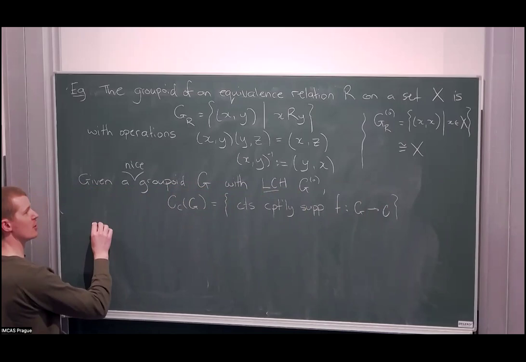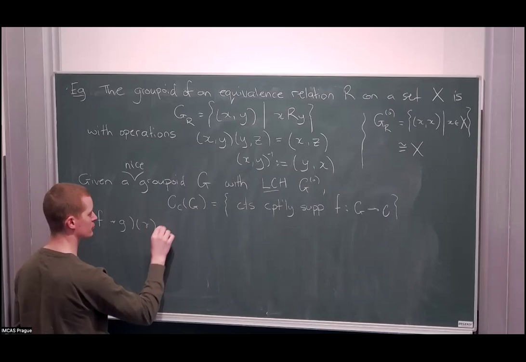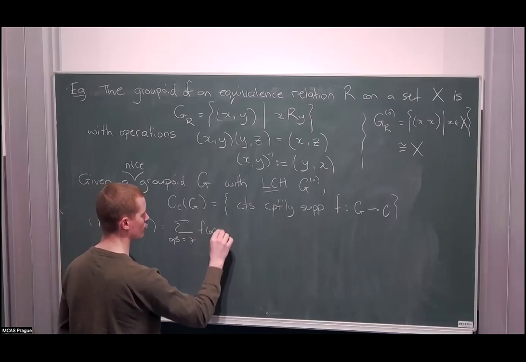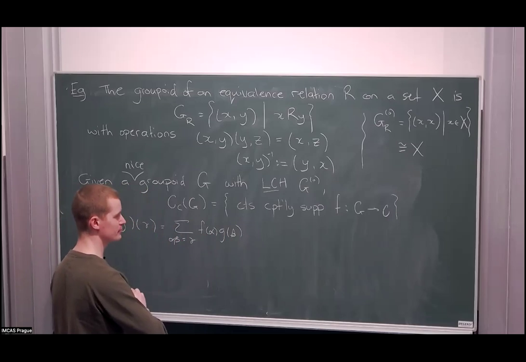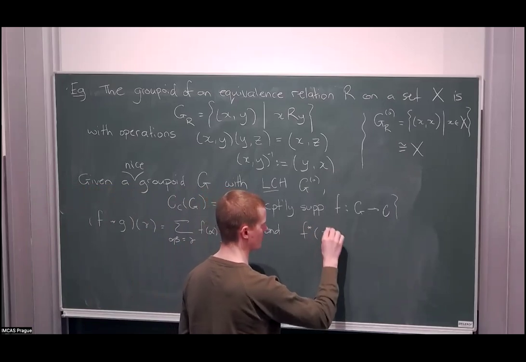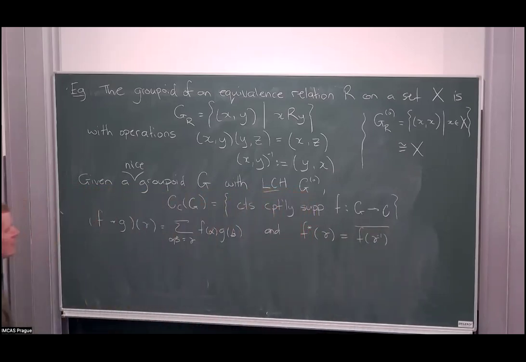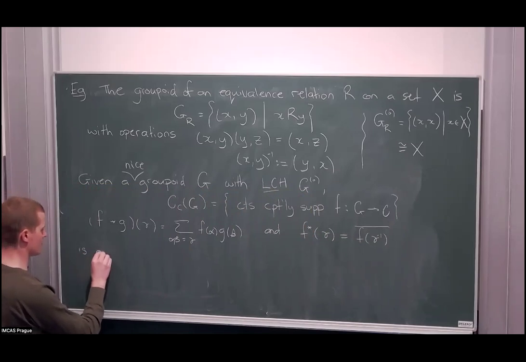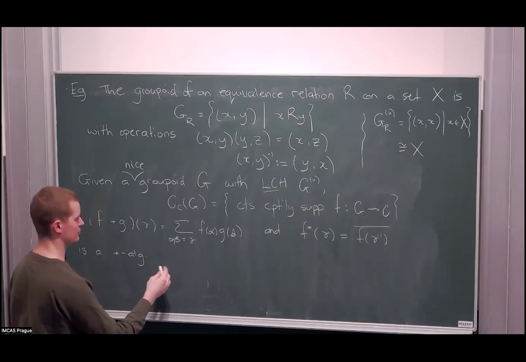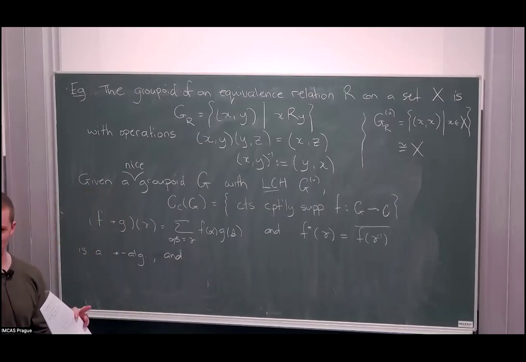And if we endow this with convolution, and a star operation defined as such, then this is a star algebra, and having assumed the groupoid is really nice, there's really just one completion I'm interested in.